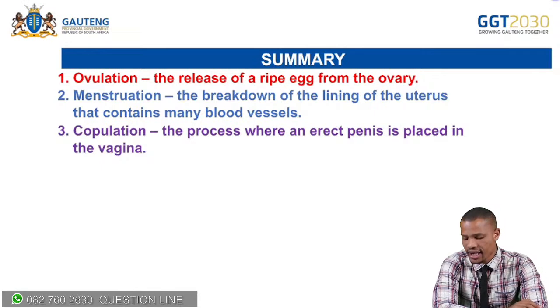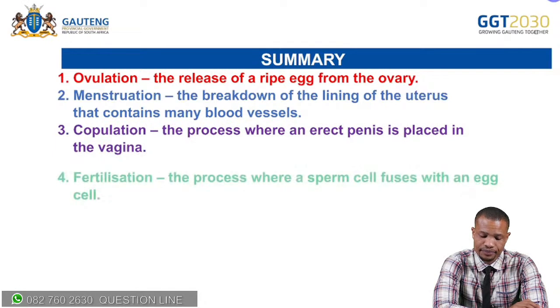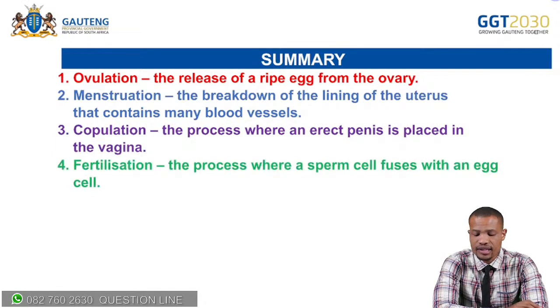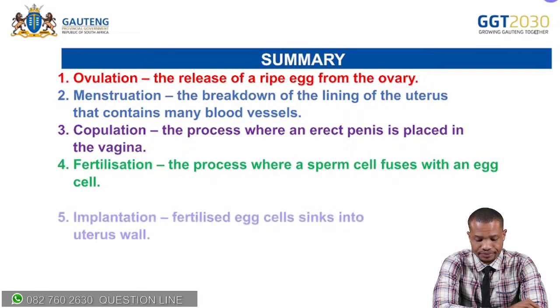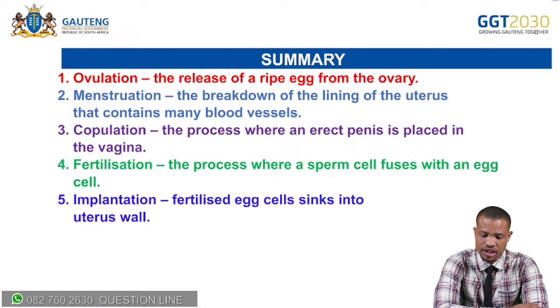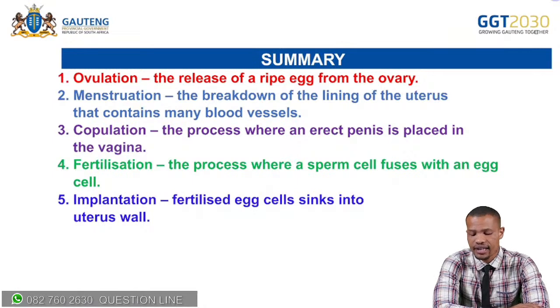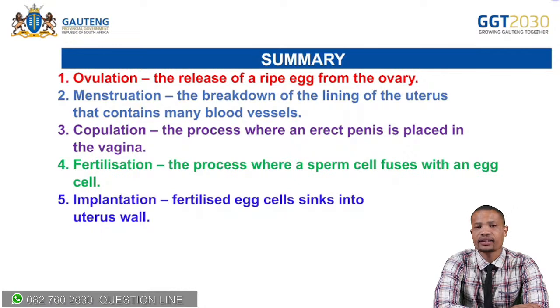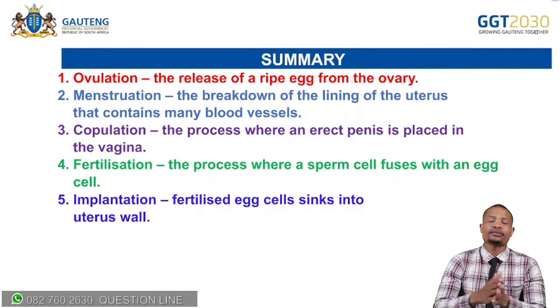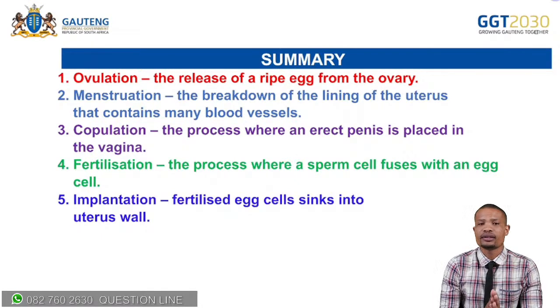This is also known as sexual intercourse. Fertilization is the process where a sperm cell fuses with an egg cell. And implantation is when the fertilized egg sinks into the uterus walls. Right, so let's try and re-explain the terms.